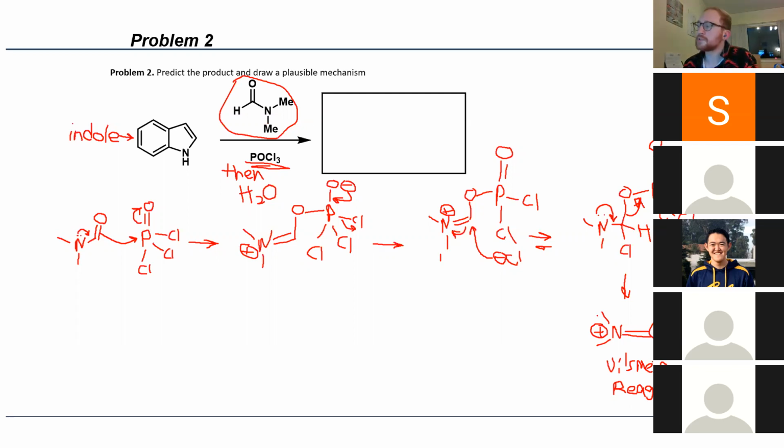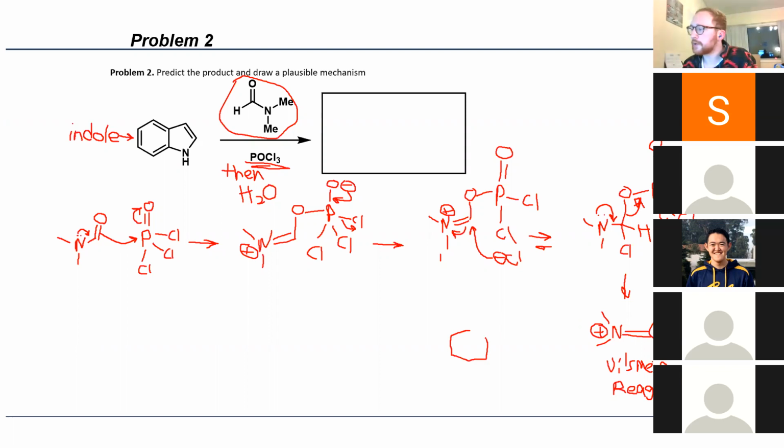And that's not only because it's positively charged, but because the carbon here is now bound to a chloride as well, which is quite electron withdrawing. And so this is like an activated version of an acyl chloride and is quite electrophilic. And so this whole first activation step is just to generate our Vilsmeier reagent, which is the electrophile in the upcoming electrophilic aromatic substitution chemistry.